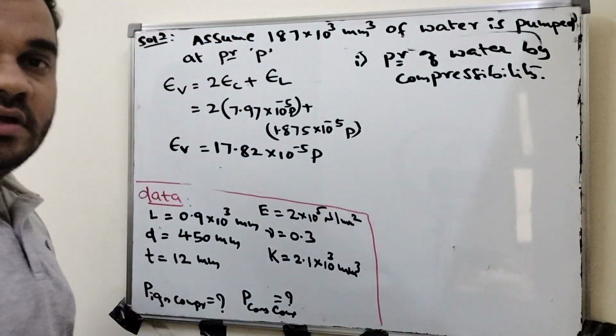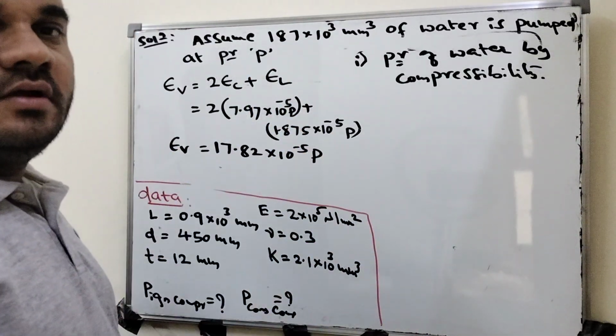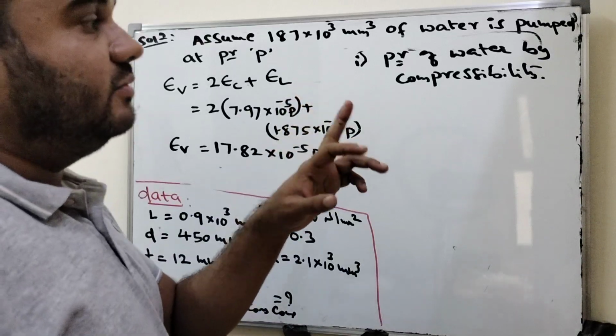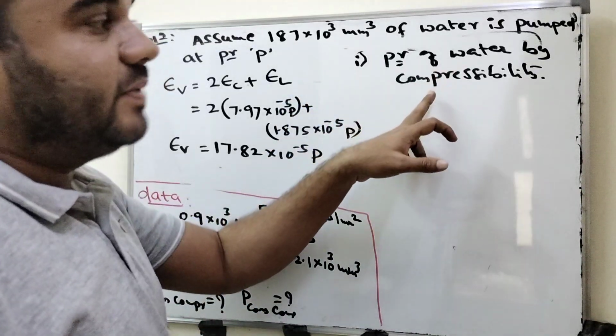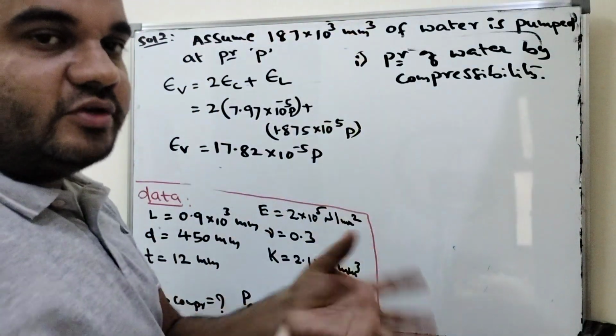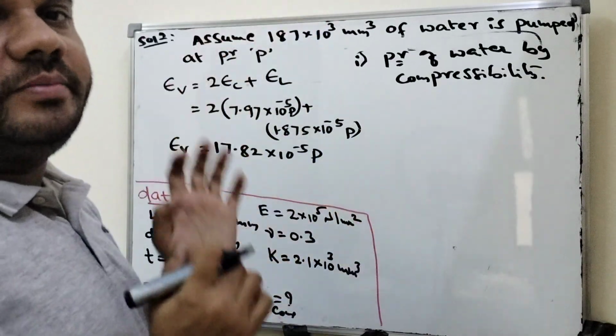What happens here? When you supply extra volume of water to the cylinder, you have two factors. If you neglect the compressibility, the cylinder volume is increased. It means that is common. When you supply extra volume of water, obviously the volume of the cylinder will be increased here.